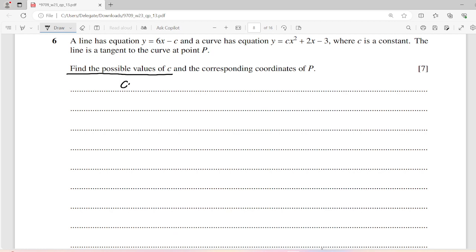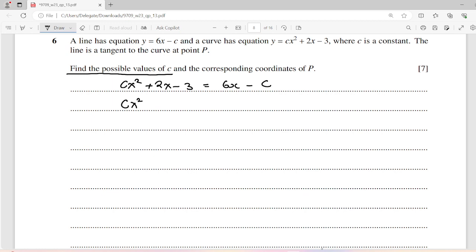So I need to use the discriminant for a tangent, which is b squared minus 4ac equal to 0, but I can't use it before I form a quadratic expression. So I have to first form a quadratic expression. Take this side, 2x minus 6x, we end up having negative 4x, then plus c minus 3. So this is something quadratic.